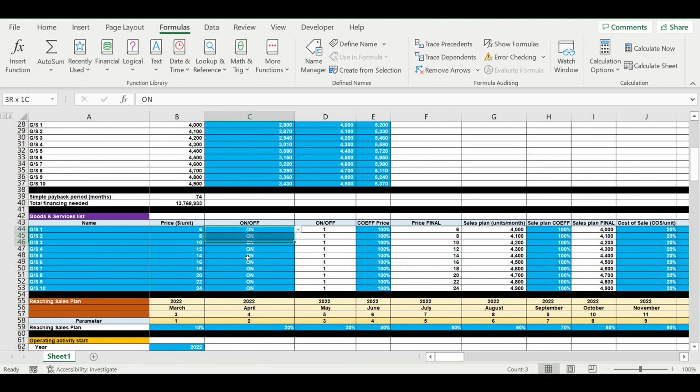You can play with on-off switchers to see the performance of your business idea with or without this or that revenue item, this or that expense item, this or that investment item. So this will give you a huge amount of information about your business concept.